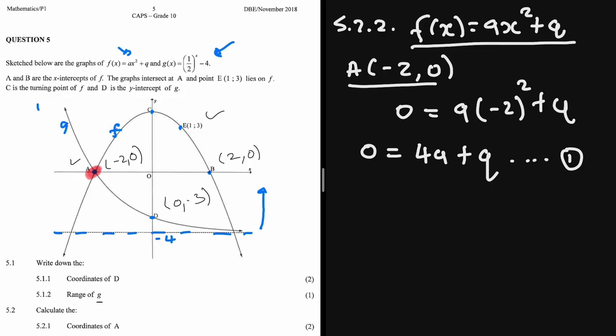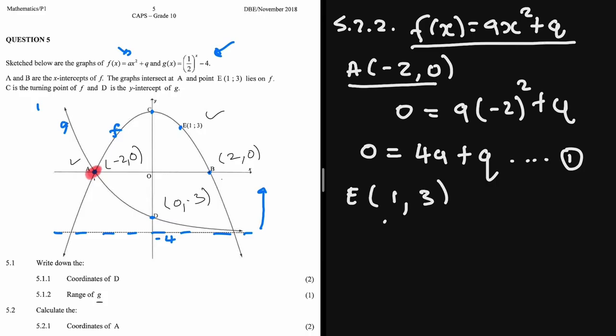So the equation 2, that means you're going to take the other coordinates. But now, be careful. You can't take both the x-intercept of a quadratic function. You need either x-intercept and the other point, okay? So now we can take the point of E here. So the point of E, it is having the coordinates to be 1:3.